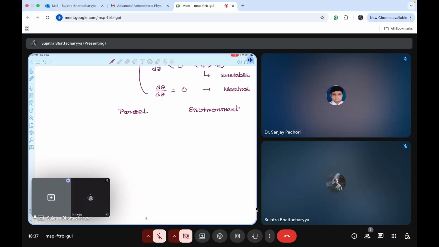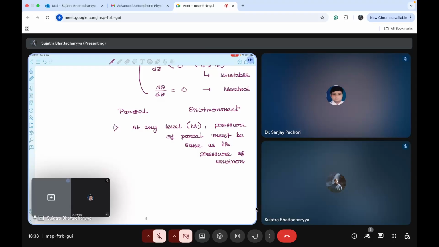The parcel is always separated from the environment. Parcel and environment are two different entities. Number one, and number two: at any level, level means at any height, the pressure of the parcel must be the same as the pressure of the environment.